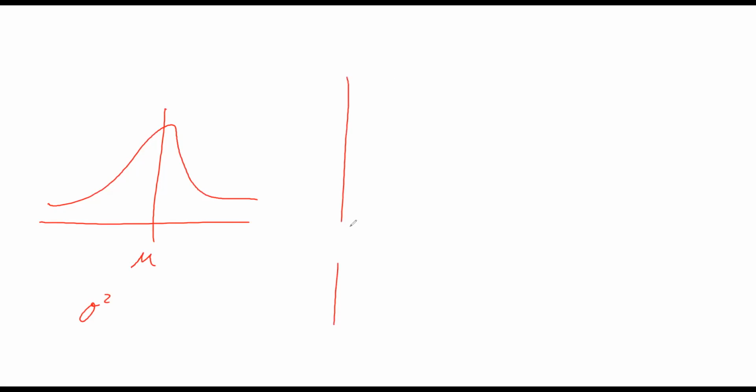Just remember, the parameters here are going to depend on our features given the class, so we need to have some kind of a mean, and then some kind of a variance. Those are the parameters associated with this.